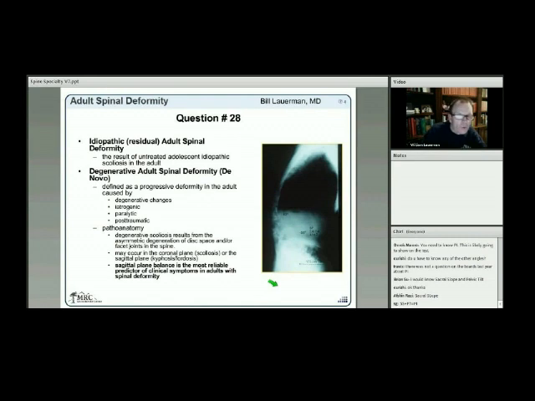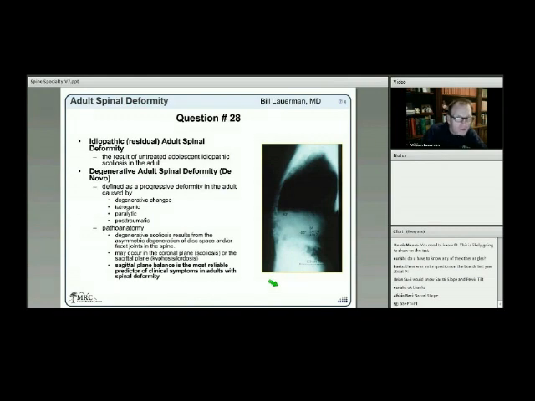And then what you see commonly is degenerative adult deformity, or de novo or degenerative scoliosis, defined as a progressive deformity either from degenerative changes, iatrogenic, maybe paralytic or post-traumatic. And the pathoanatomy in degenerative scoliosis is asymmetric degeneration of the disc and/or facet joints, which leads to the scoliosis, the rotation, oftentimes sagittal plane abnormalities as well.